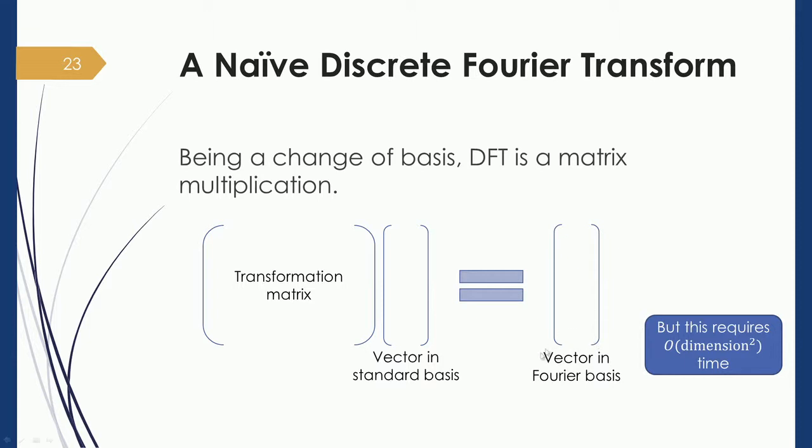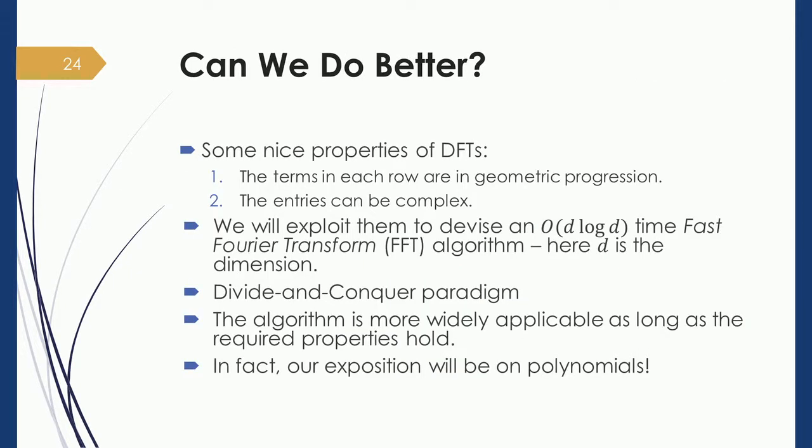If these vectors are of some dimension say d, then the time it will take to perform this transformation for a single vector is O of d squared. So, a natural question would be, can we do better? Can we devise an algorithm that will run faster than d squared time?